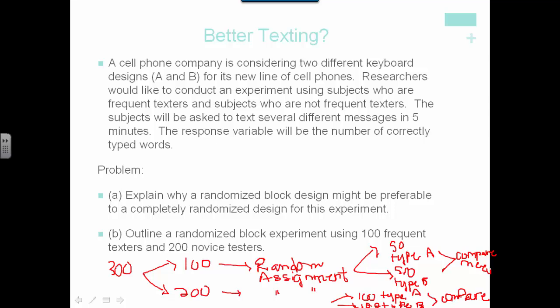And that's it. I would write everything out if I were actually answering this question. Due to limited space on here, I'm not writing everything out.